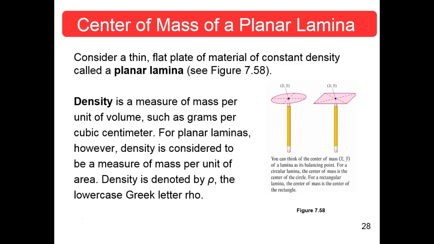For a rectangular lamina, the center of mass would be the center of the rectangle, which is where the two diagonals cross. Okay, that could even be true for a parallelogram, where the two diagonals cross. It doesn't even have to be a rectangle. Like I said, that could be an ellipse. It's where the major and the minor axis cross, the center.